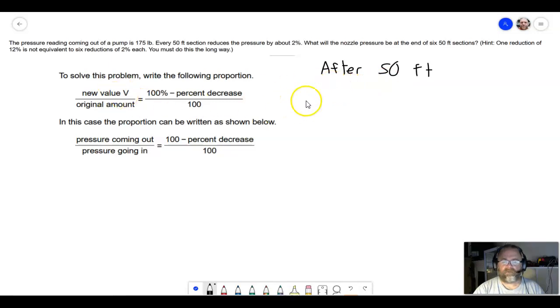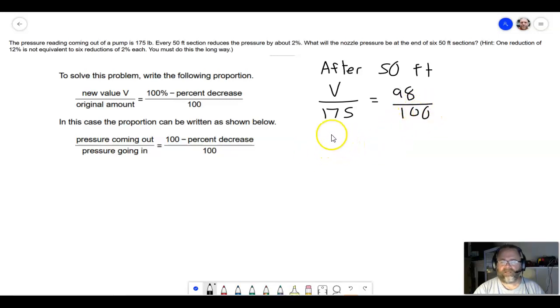we're going to be solving for the new value, so I'll just leave that as a V, over the original amount. So it started at 175 pounds, so that would be our original amount. And that's going to be equal to 100% minus the percent decrease. That's 100% minus 2%, so that'll be 98%, all over 100.